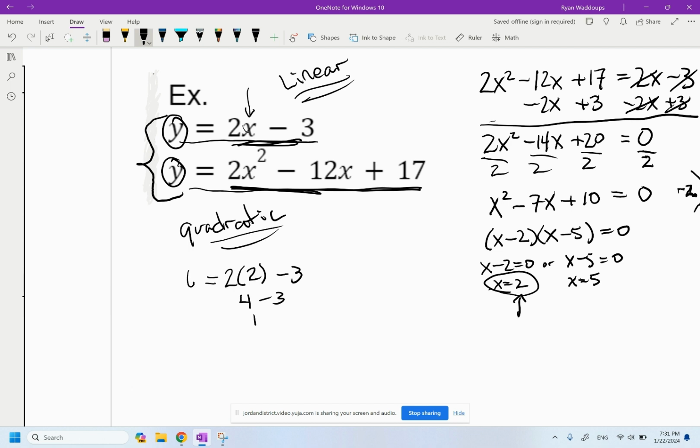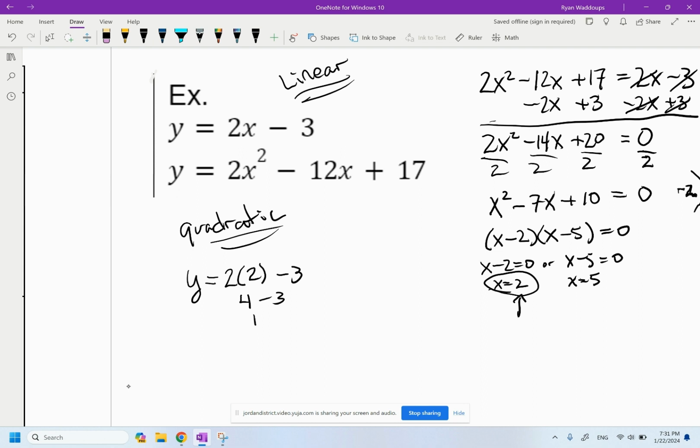And so y equals that. y equals 2x minus 3 is this equation right here. So I plugged in 2 there, and I got that y equals 1. So one of my solutions is the point 2, comma 1.